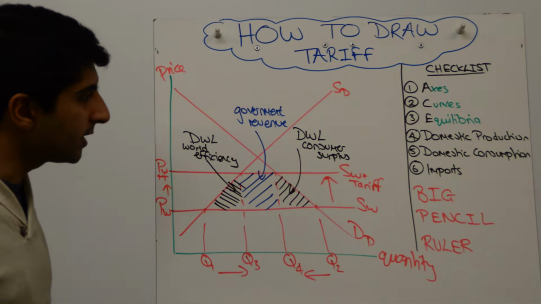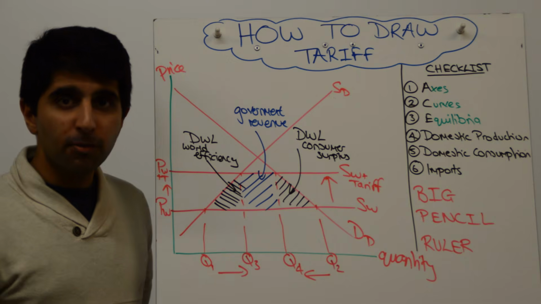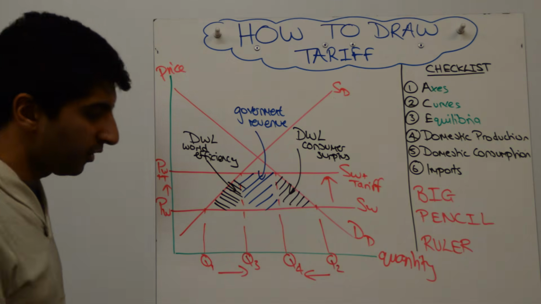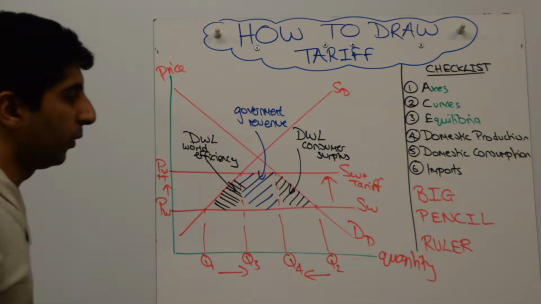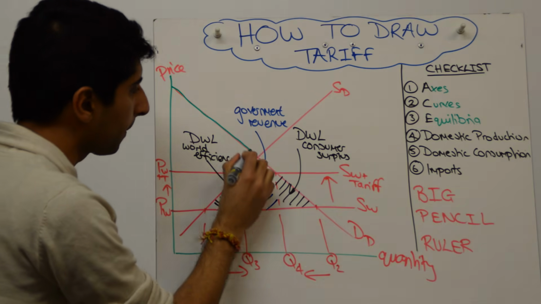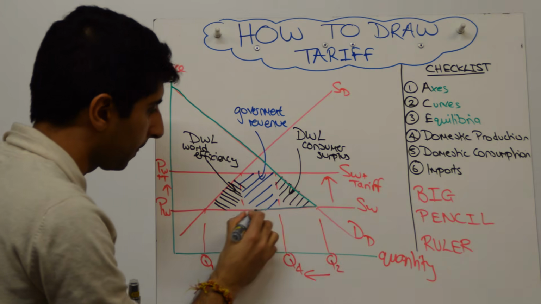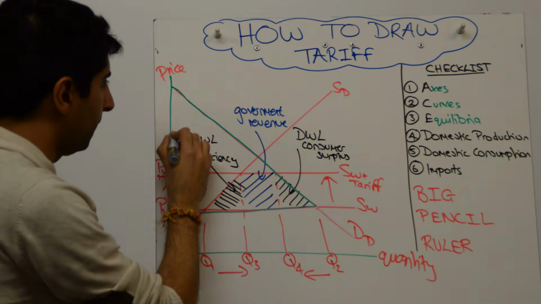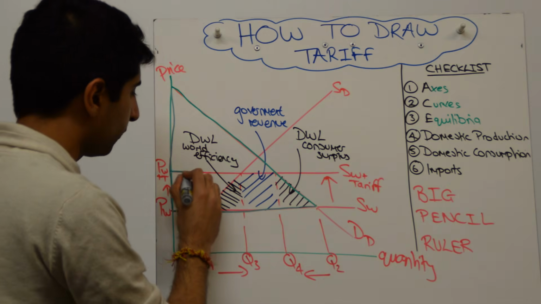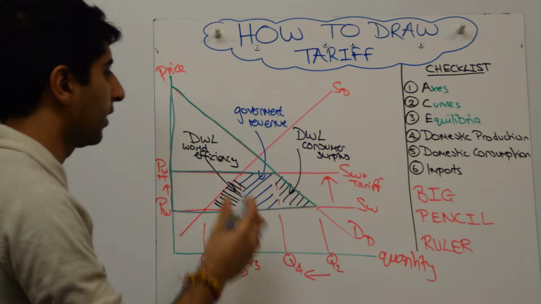Alright? If you wanted to go one extra mile, you can even show the impacts on producer and consumer surplus. Consumer surplus previously, without the tariff, was this big green triangle. Okay? Now with the tariff and the higher price, consumer surplus has reduced to this smaller green triangle. Right?